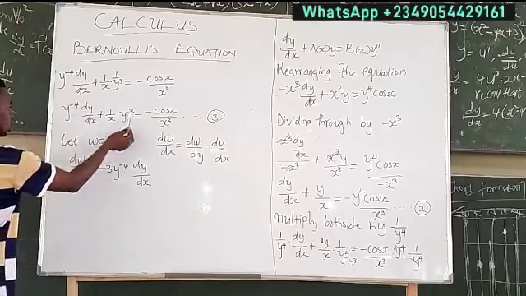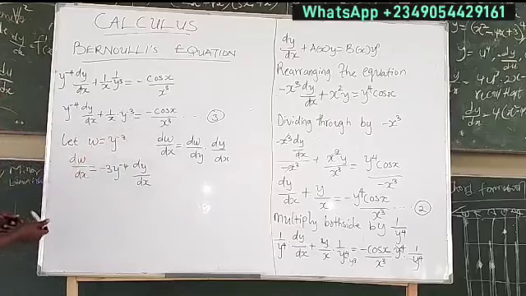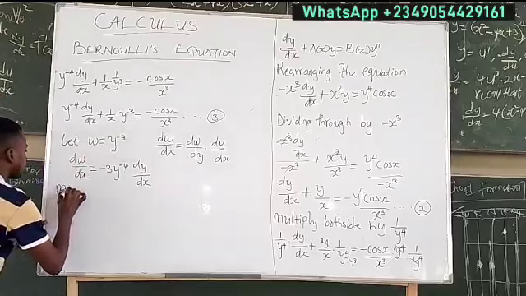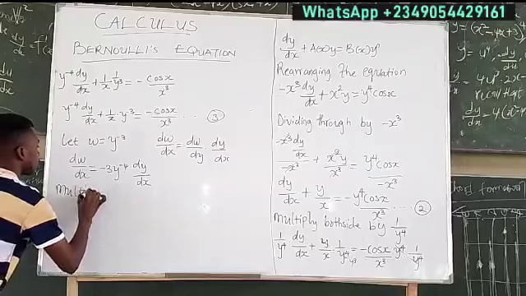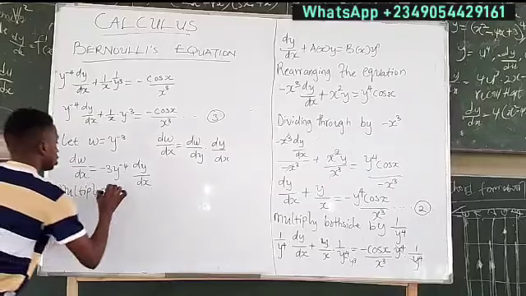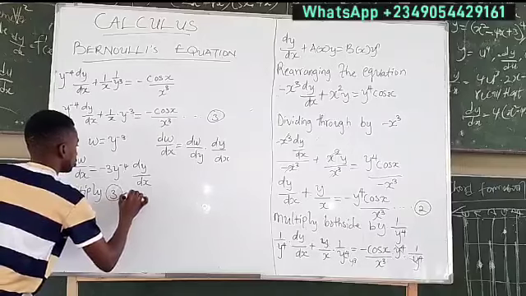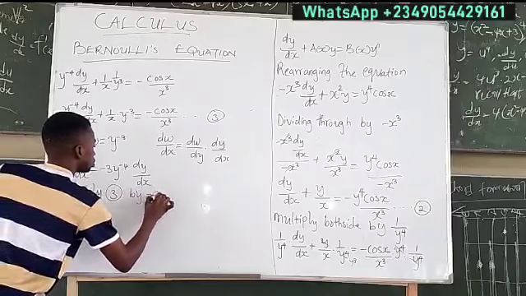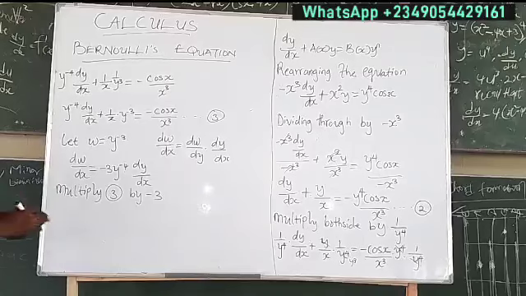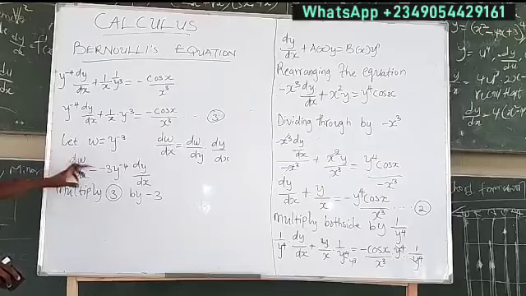So let us multiply equation 3 by minus 3. What we are trying to do is make this other part look like our minus 3 y raised to the power minus 4.